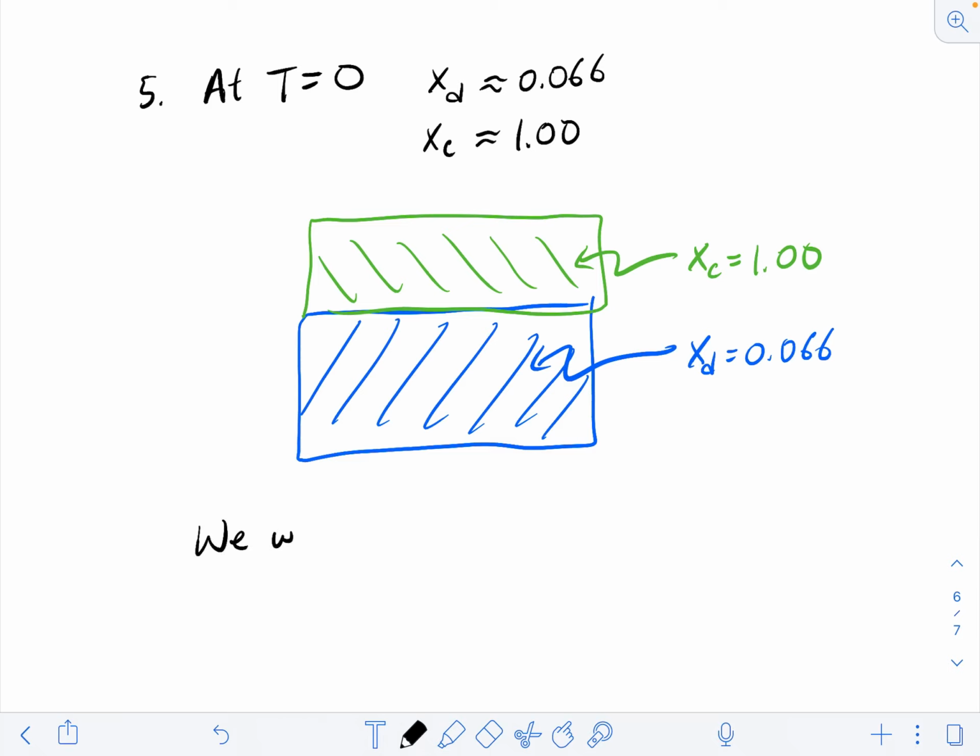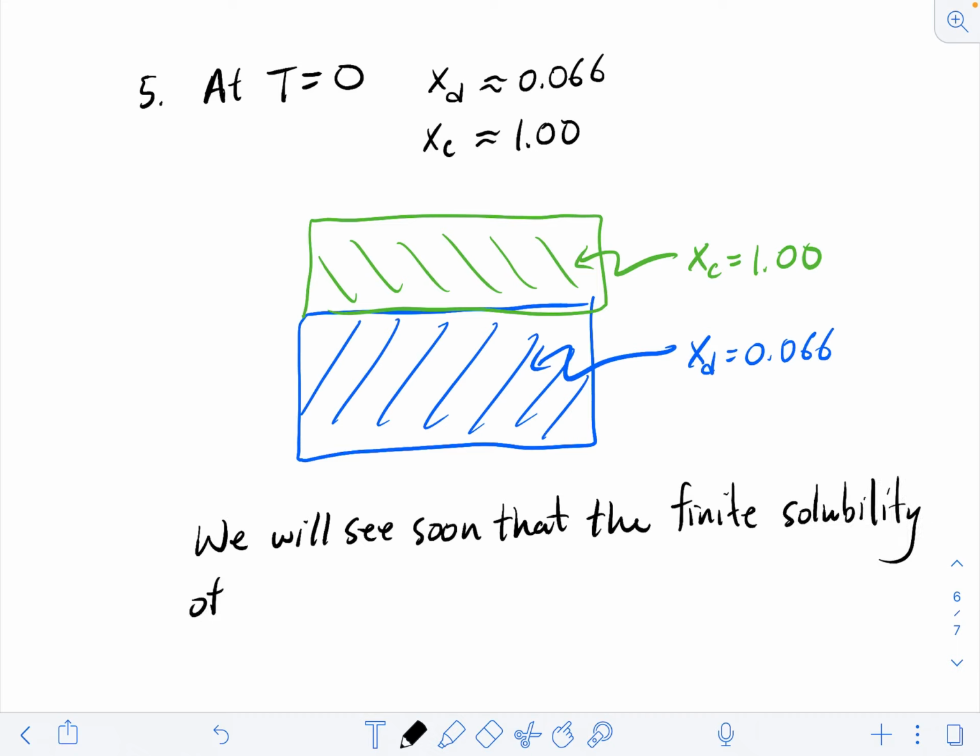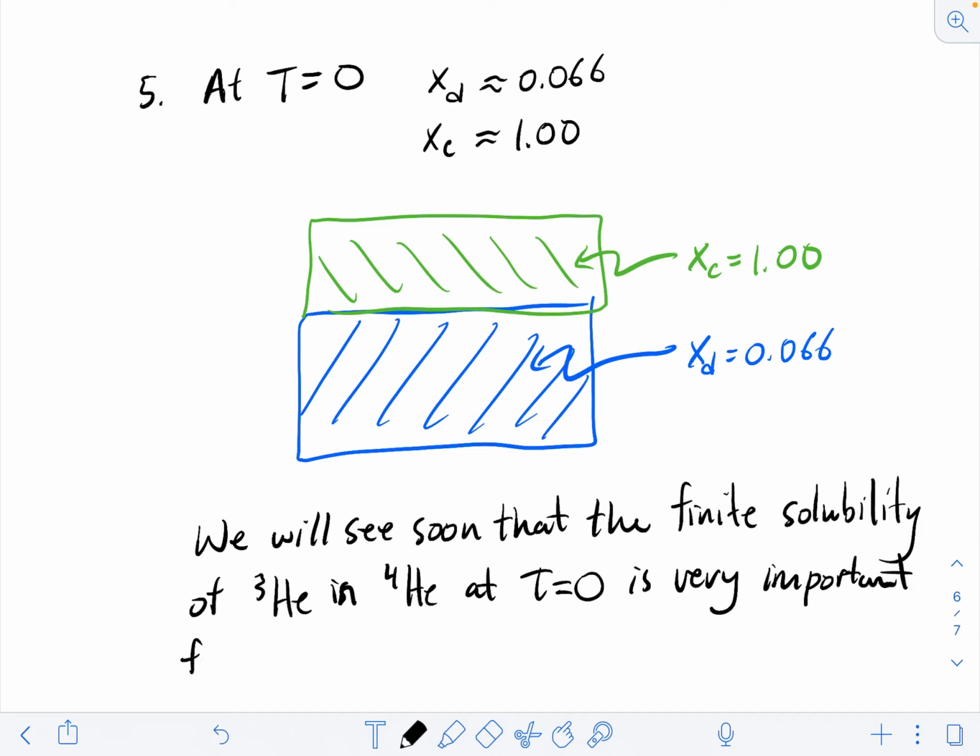I'm just going to make one final comment that we will see soon that the finite solubility of helium-3 in helium-4 at T equals 0 is very important for cooling by dilution refrigerators.